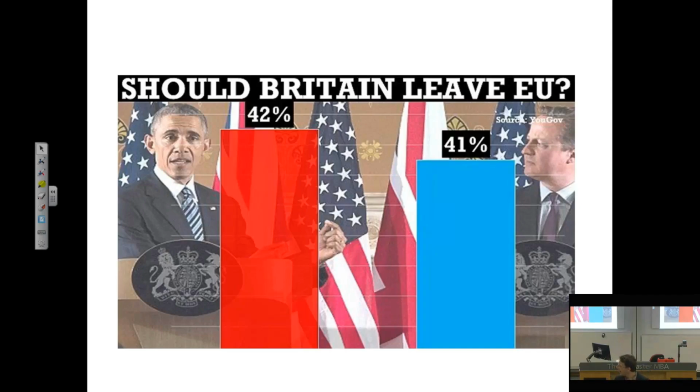Some people shake their head, people nod. Because Obama visited Cameron before the referendum. Obviously, he was here. So this is just reporting on the event where the American president visited Britain before the referendum.